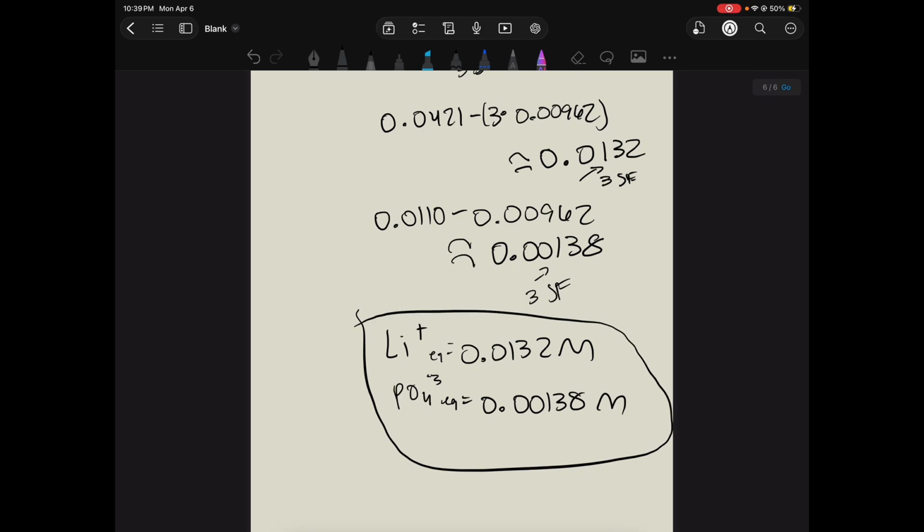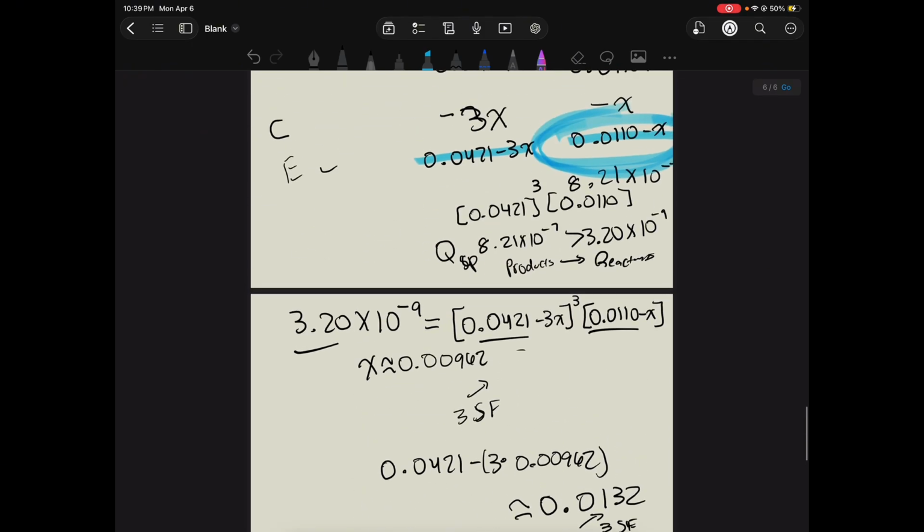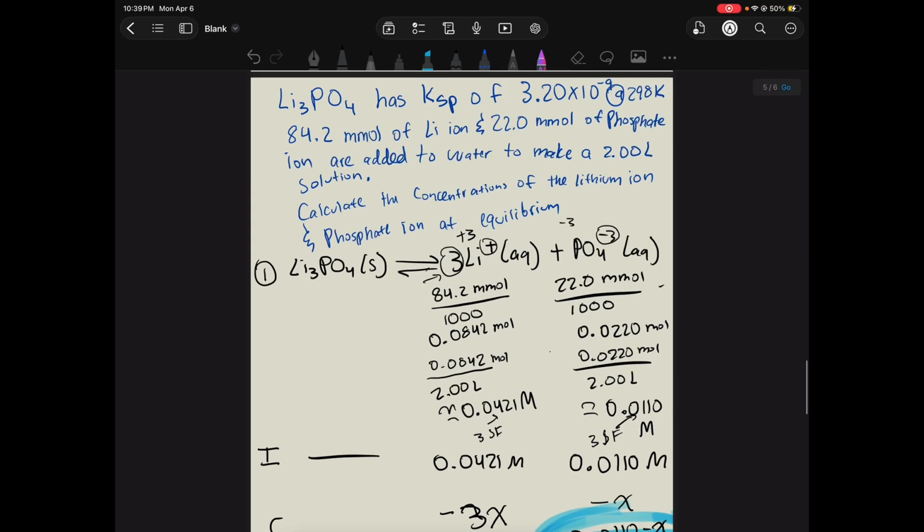These would be the final molars that are achieved when the concentrations are at equilibrium.